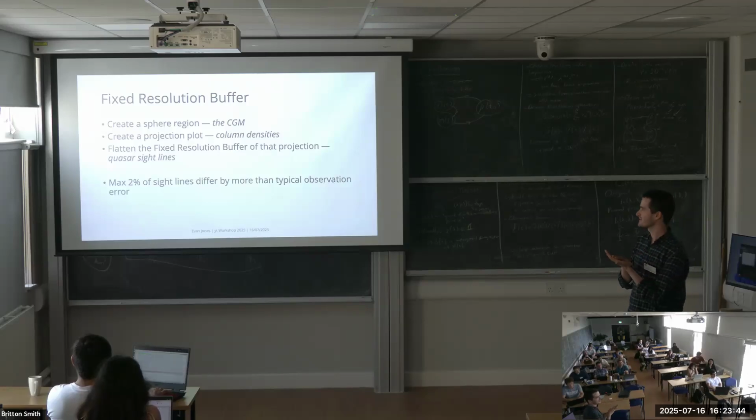That inspired this idea that each of these column densities we have already computed with YT to make these plots is basically the same thing as if we just generated a bunch of random sight lines from quasars. You imagine you have a galaxy, there's a quasar somewhere behind it, you're seeing the absorption of the CGM through that.